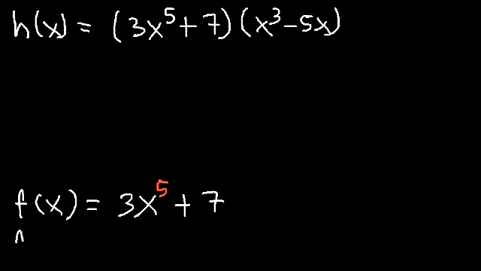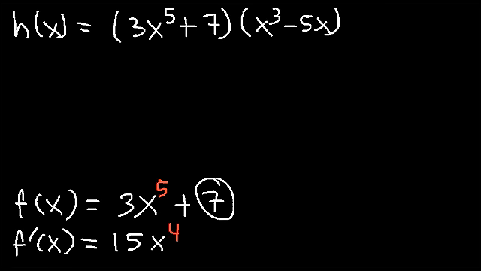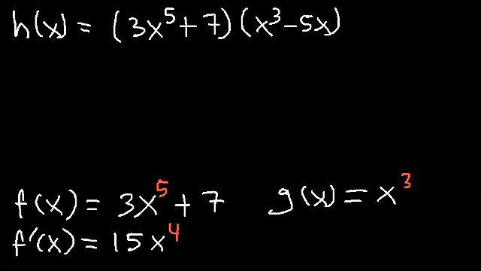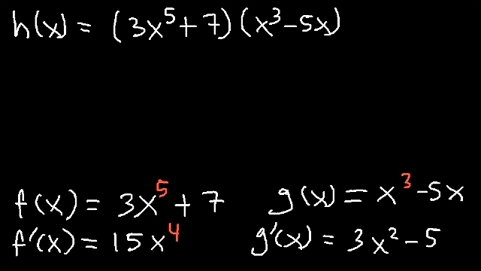That means that f prime of x, the derivative, is going to be 15x to the fourth, and the derivative of a constant is 0, so it's just 15x to the fourth. g of x is going to be equal to the other part of the function, x cubed minus 5x. So g prime of x is going to be 3x squared minus 5.